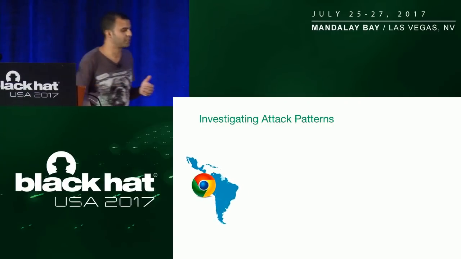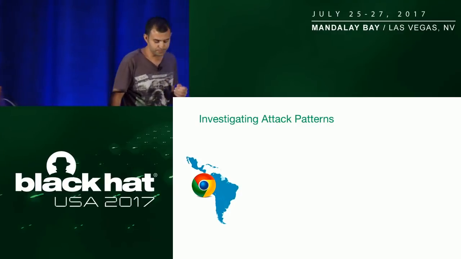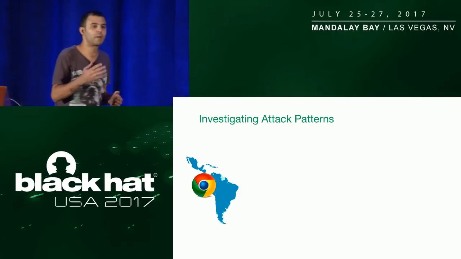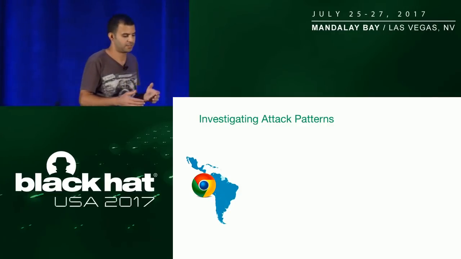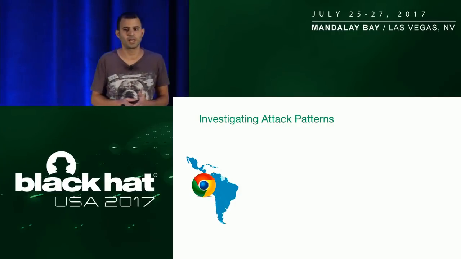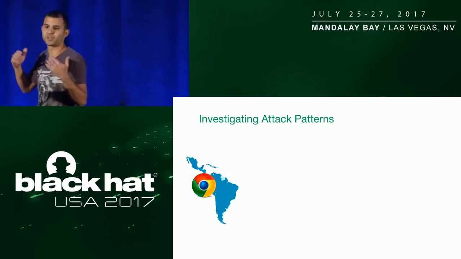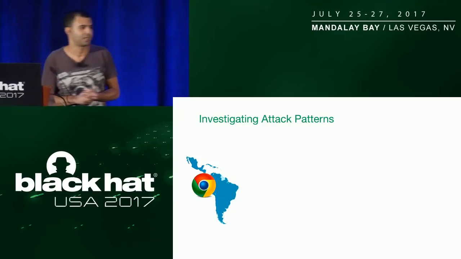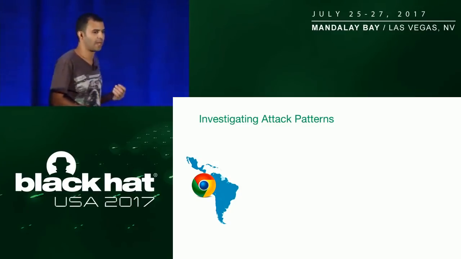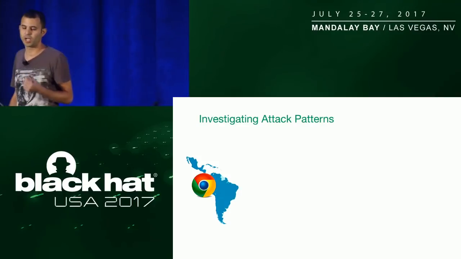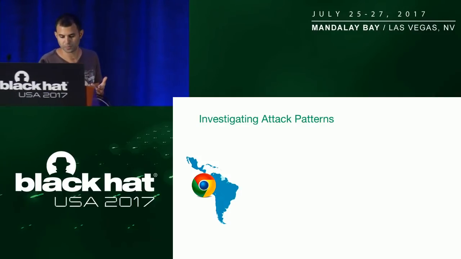The first thing that we noticed is that most of the increase in the sign-up events originated in Latin American countries. This was very weird because it was in high numbers, and almost all of the clients were coming with Google Chrome.